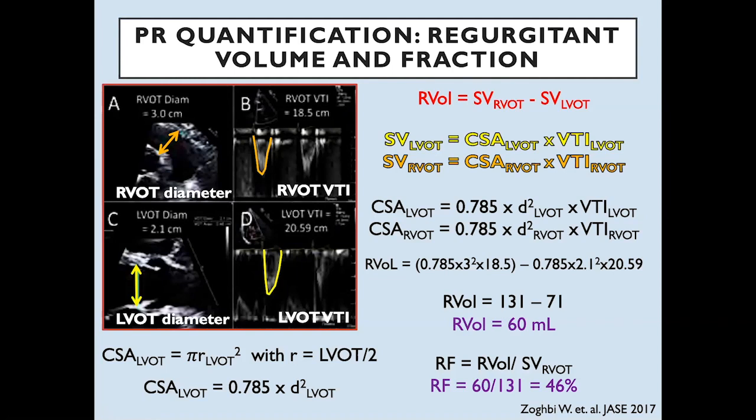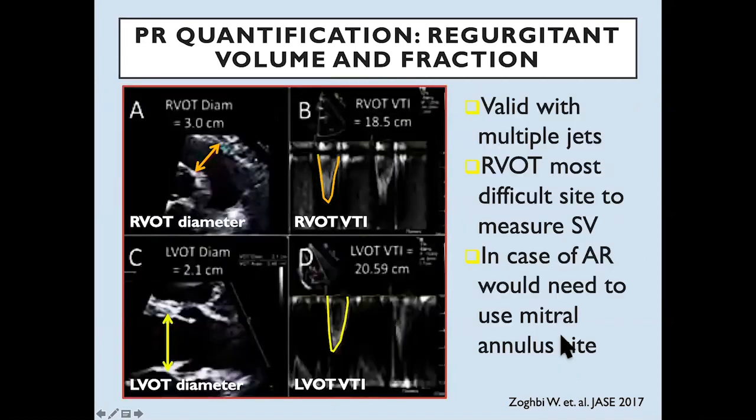And if you are able to do that and to get a good RVOT VTI, then you can calculate the regurgitant volume using the stroke volume across the RV outflow tract minus the stroke volume across the LV outflow tract. And I left this here as a calculation for you to go through, but I do believe this will be covered also in the formula section. So remember that this method is valid with multiple jets, unlike the vena contracta method.